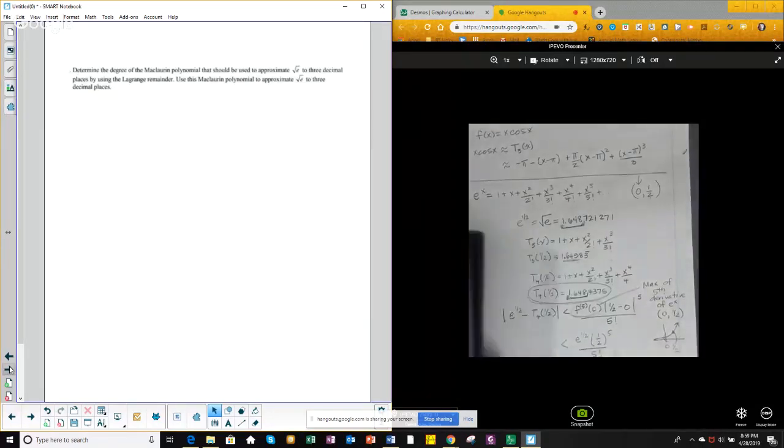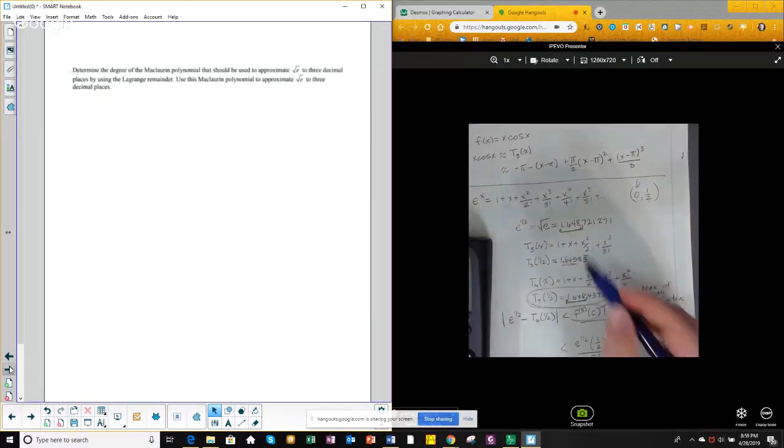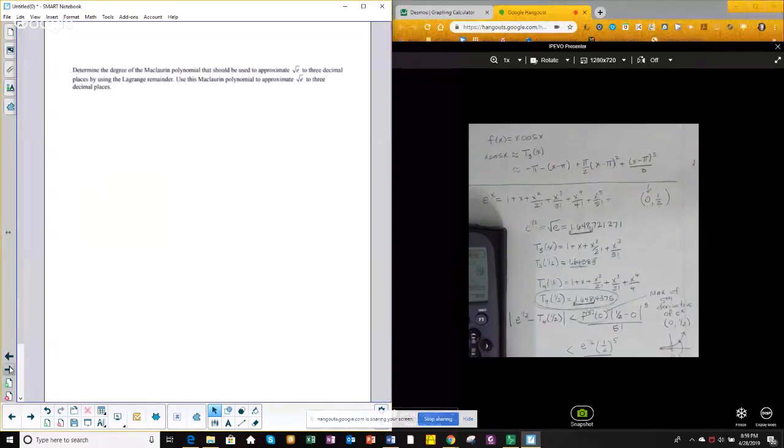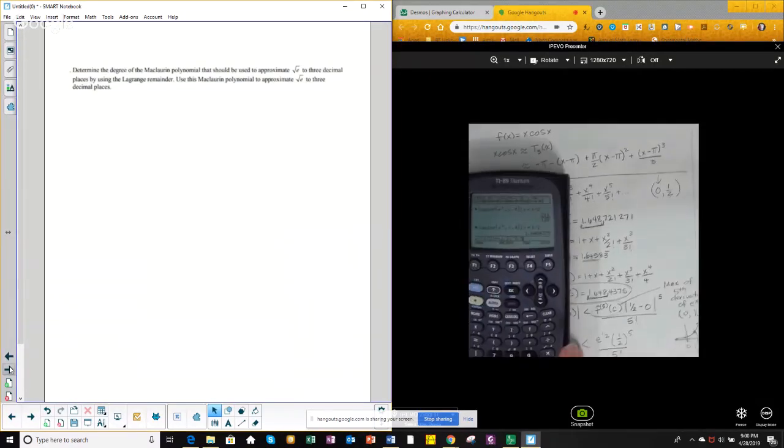Now, let's see if our error actually works. Okay, so we're going to say e to the 1 divided by 2 times 1 divided by 2 raised to the fifth divided by 5 factorial.